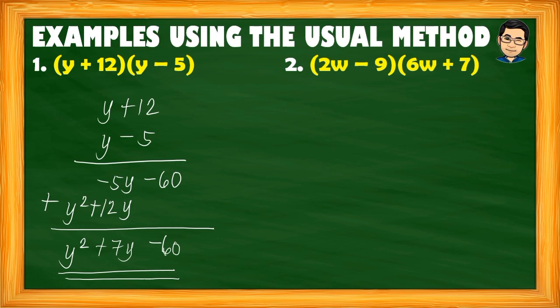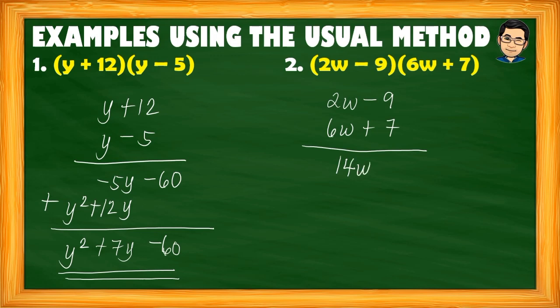Okay, next. Let's have 2w minus 9 times 6w plus 7. Okay, so let's have 2w times 7, that is 14w.